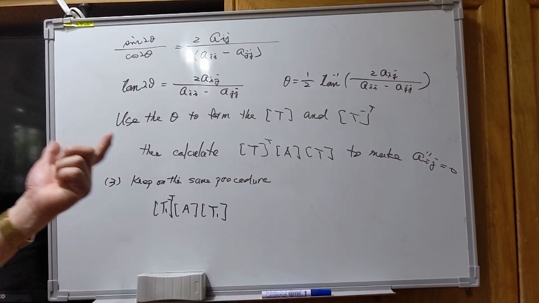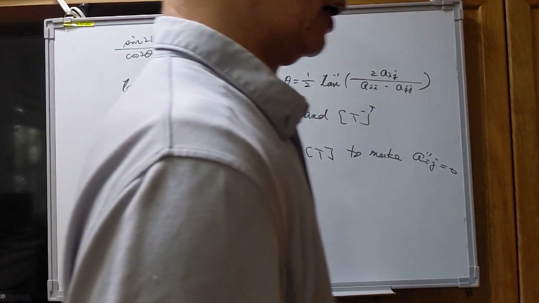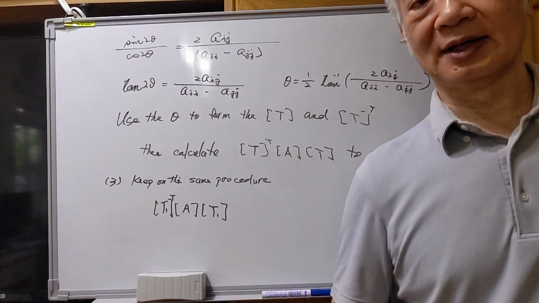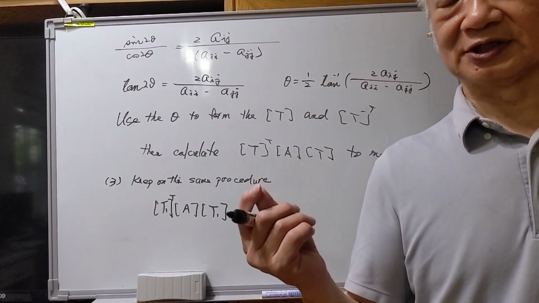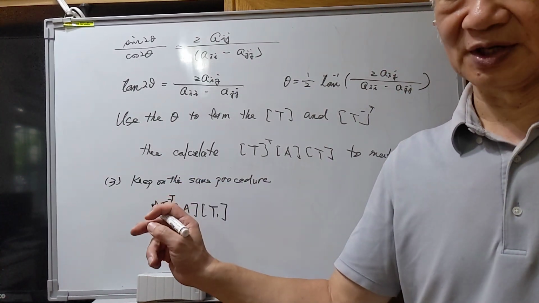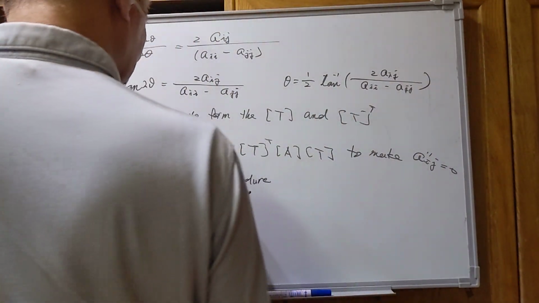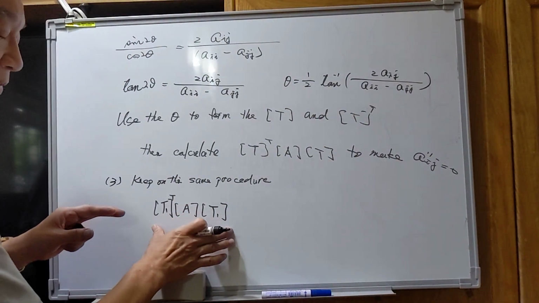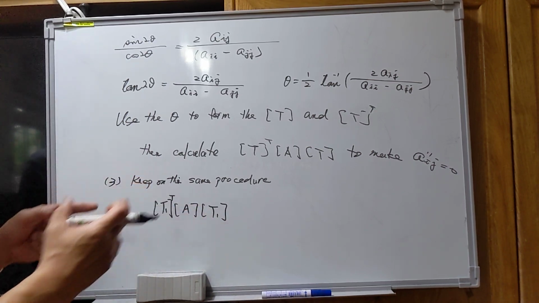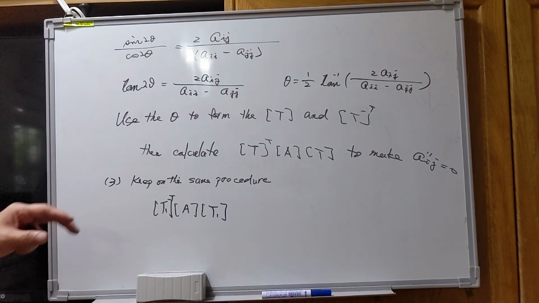We need to find the off-diagonal element with the maximum absolute value, and we can make these transformations. And in this step we make the maximum absolute element equal to 0.